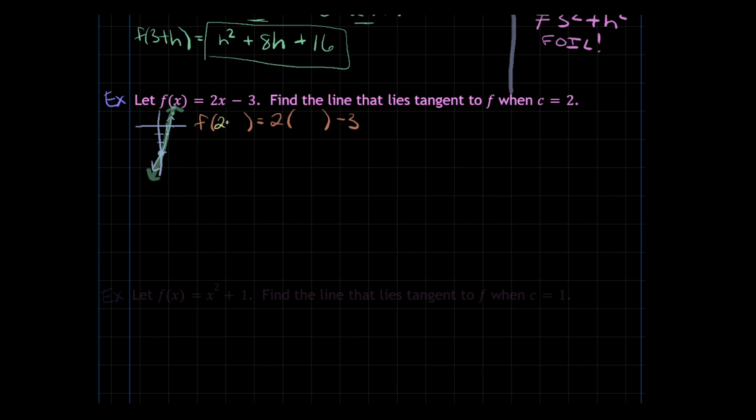So f of 2 plus h is 2 times 2 plus h minus 3, which is 4 plus 2h minus 3, and that reduces to 2h plus 1. f of c, or f of 2, is 2 times 2 minus 3, which is 1.